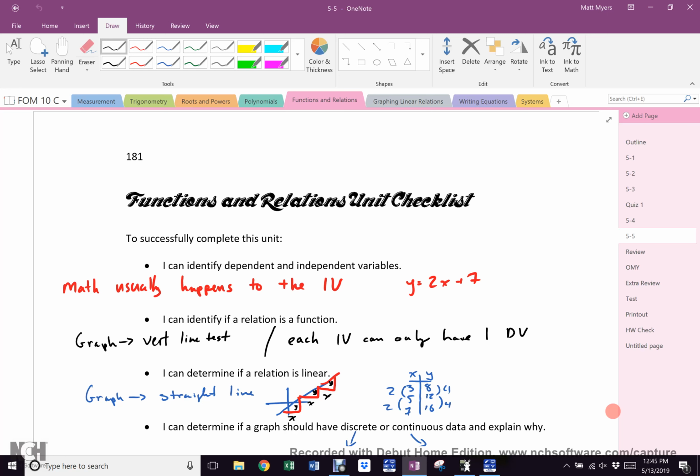No. Is your test tomorrow in class or is it before school? It's in class. So when would be a time you could ask me? Before school. There's no X block on Tuesdays.